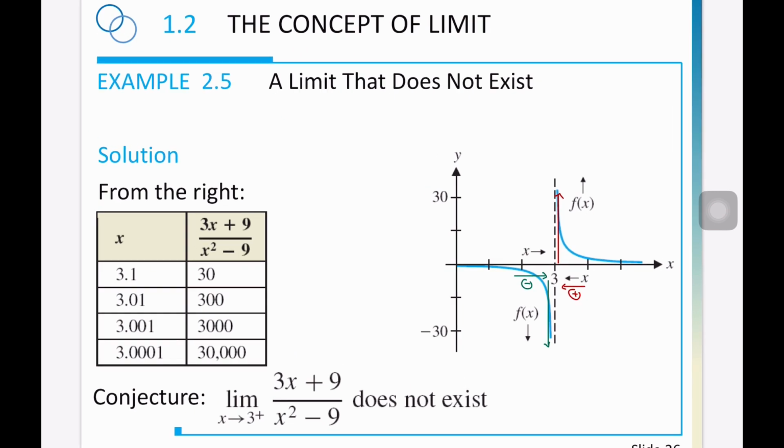So the limit of f(x) as x is approaching 3 from the positive side is equal to positive infinity, and the limit of f(x) as x is approaching 3 from the negative side is equal to negative infinity. So the limit of f(x) as x is approaching 3 does not exist because the two sides are not equal to each other. Later on in this course, we're going to discuss how we can figure out limits using infinities.